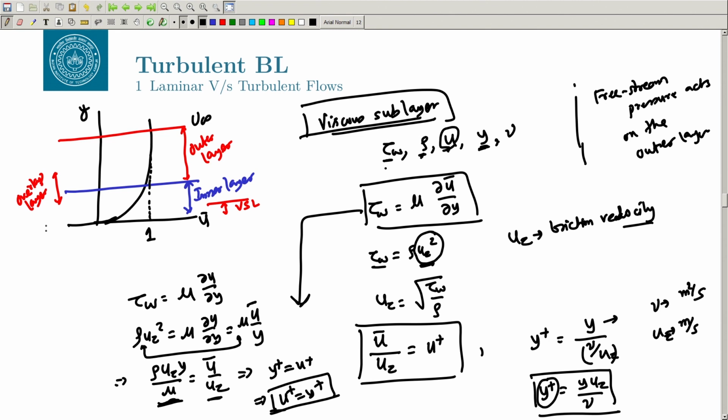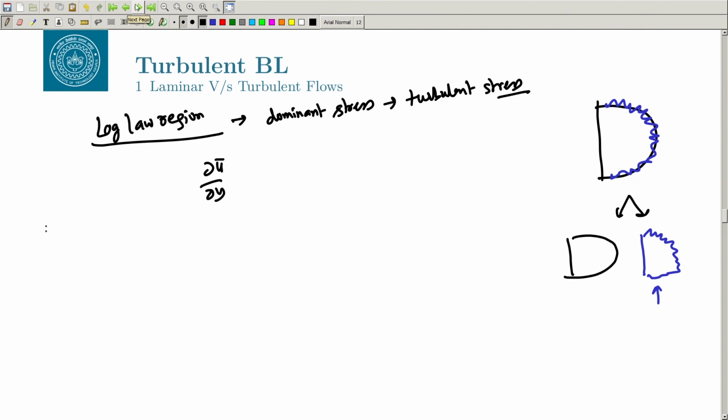Everywhere here, u plus is u bar by u tau, because if you talk about just u, u is u bar plus the u fluctuations, and the fluctuations give you the stresses. So, I am saying that the velocity gradient here is proportional to u tau by y, from a dimensional argument.